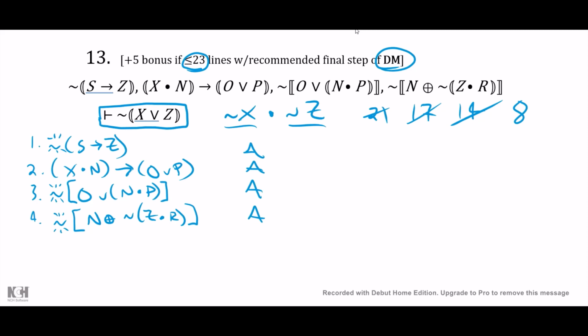Now, even though some of these problems are smaller, like we did one a little while ago that was 4 lines, and this one's 23, they're all worth the same amount of points. And they all have the same feature: if you can get it done within the amount of lines I said, with a recommended last move, that means you don't have to use that last move, but that's the one I'm going to recommend. I know it can be done in that many lines that way, or fewer.